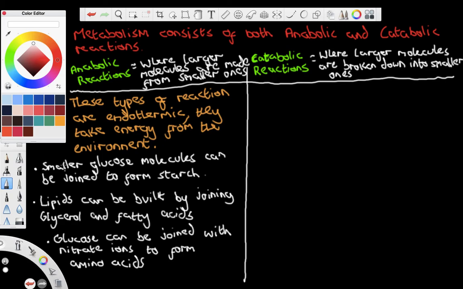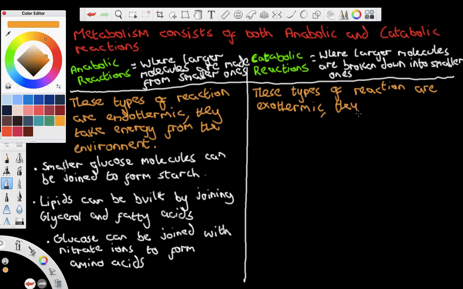They release energy into the environment. So these types of reaction are exothermic, they release energy into the environment.